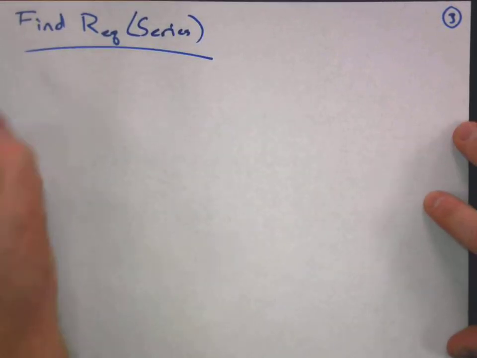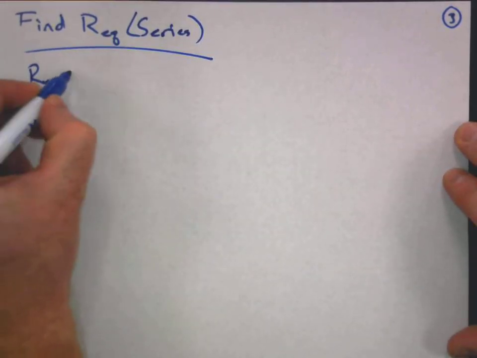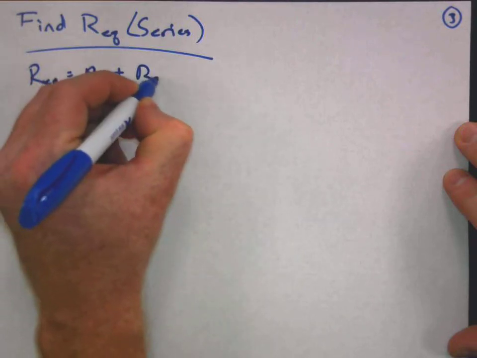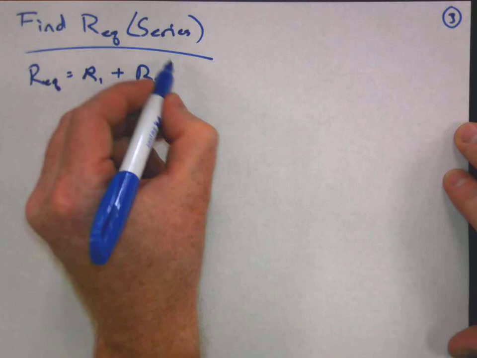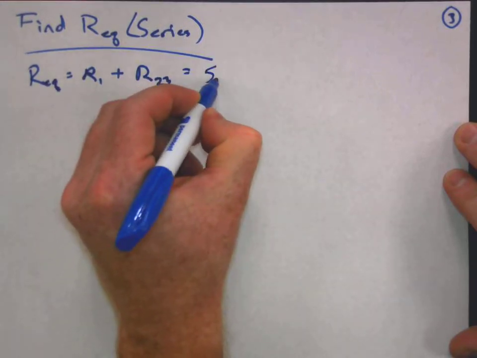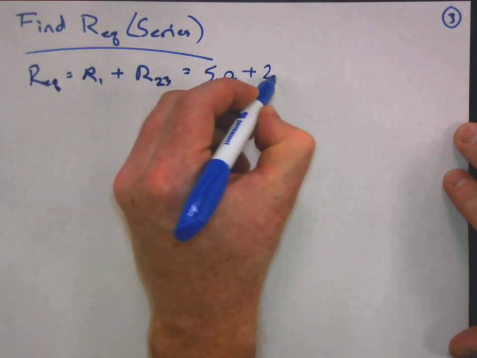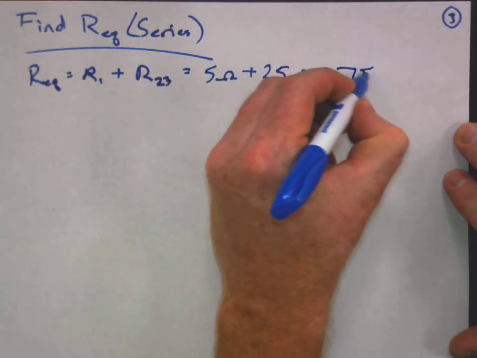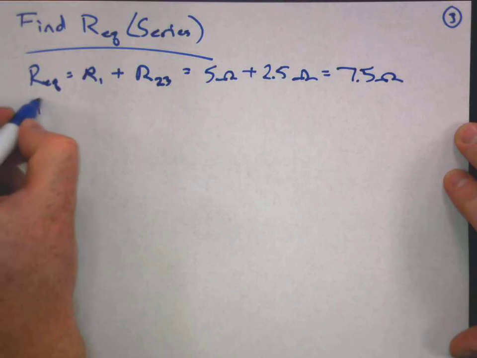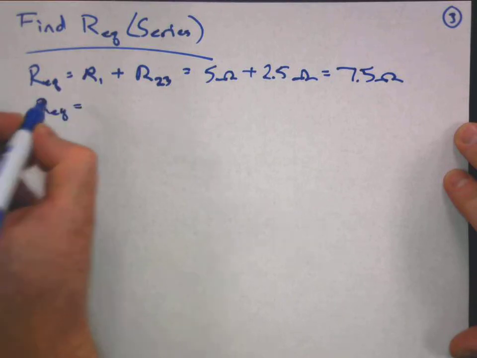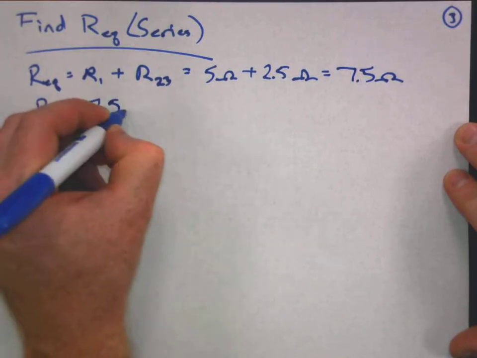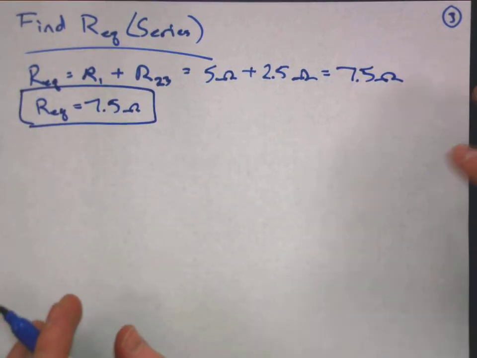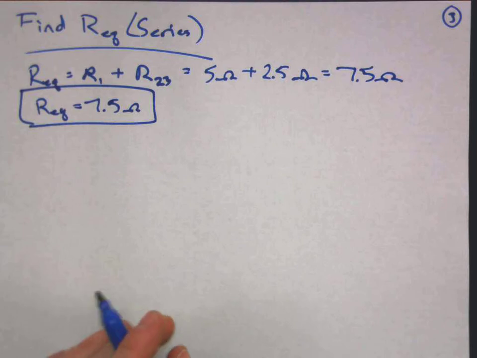So that's what I will use. This is going to be equal to R1 plus R23, which is 5 ohms plus 2.5 ohms, which is 7.5 ohms. I'm just going to quickly write it. 7.5 ohms. That is an answer I need. So I put a box around it so I can find it easily later on.